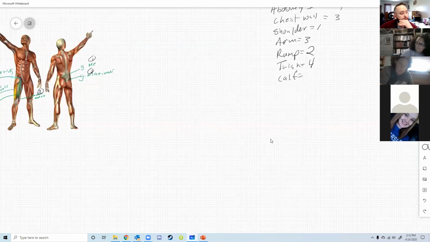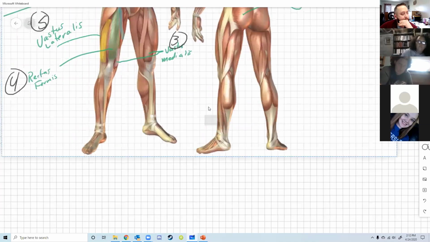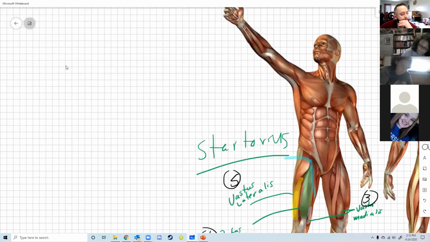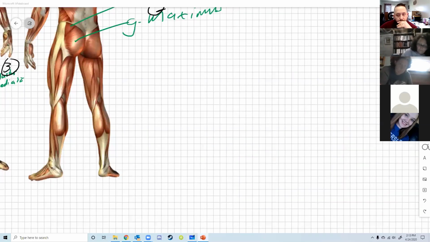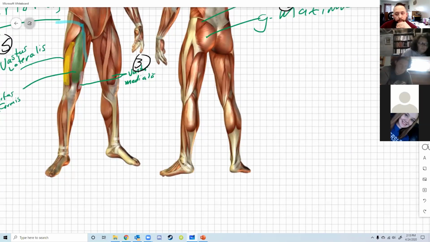All right. And now go look down here at the lower leg a little bit. The easiest ones to remember here are your calf muscles, and that's right here.